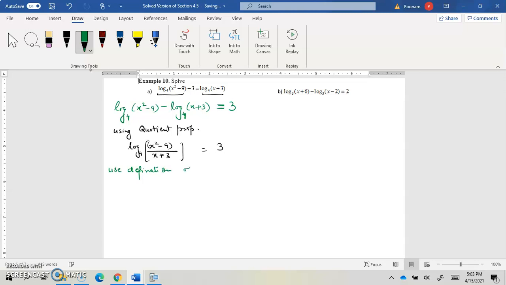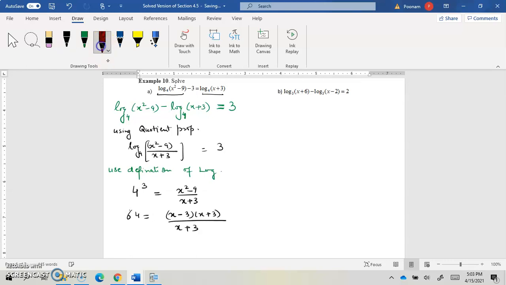The base is 4, so 4 raised to power 3 is equal to x squared minus 9 divided by x plus 3. If you remember, 4 raised to power 3 is 64. And x squared minus 9 can be factored as x minus 3 times x plus 3.